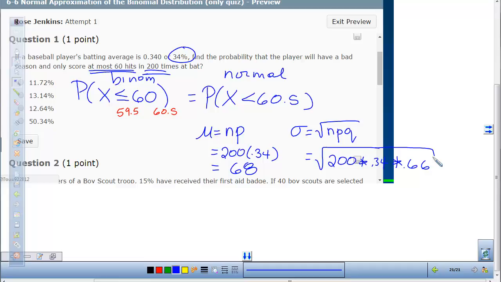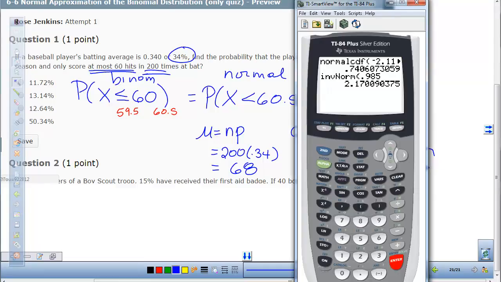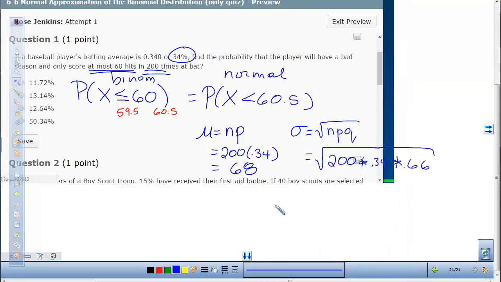If we do that on our calculator and take the square root of that, I got 6.69.